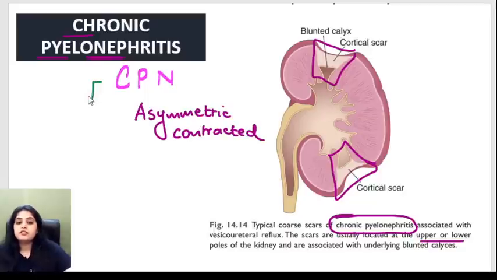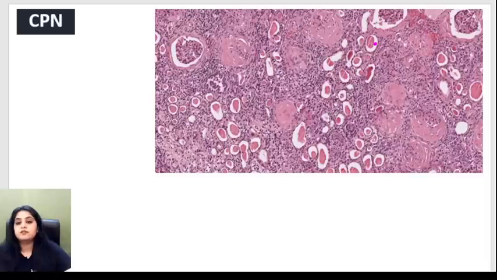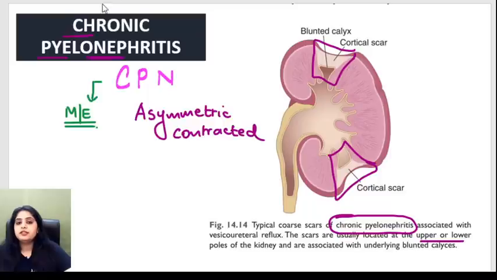So why not see the microscopic examination of a case of chronic pyelonephritis? When I'm seeing the microscopic examination, this is what I visualize. First and foremost, I need to analyze the word. If I'm saying chronic, you will say yes, this is a long term thing. If I say itis, you will say it is an inflammatory disorder.